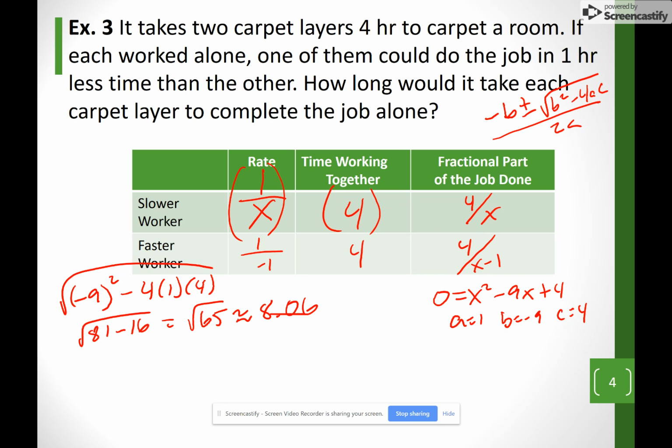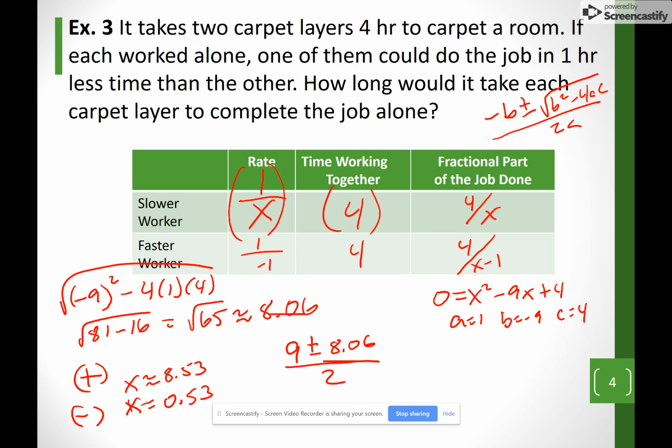So to do the quadratic formula, I'm going to do negative b, so 9 plus or minus 8.06 all over 2. If I do the plus sign, 9 plus 8.06, which is 17.06, divided by 2, tells me x is roughly 8.53. If I do the minus sign, 9 minus 8.06, that's 0.94 divided by 2, it tells me x is roughly 0.53.